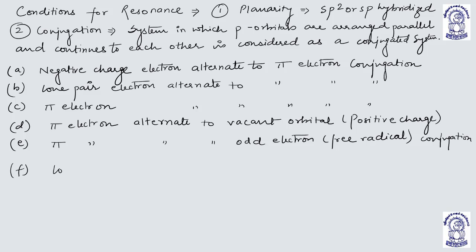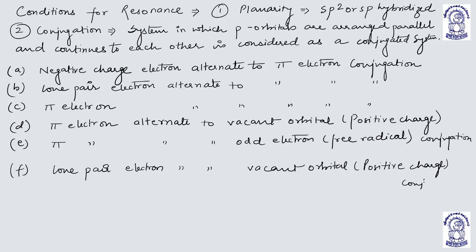Then lone pair electron alternate to a vacant orbital having positive charge. So these are the primary requisites for making a conjugated system.